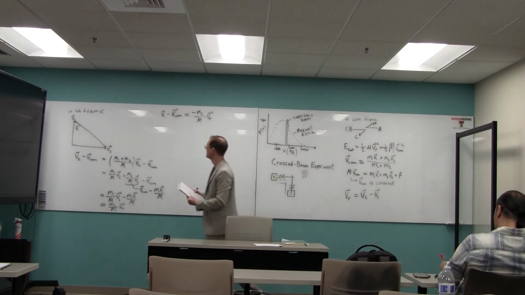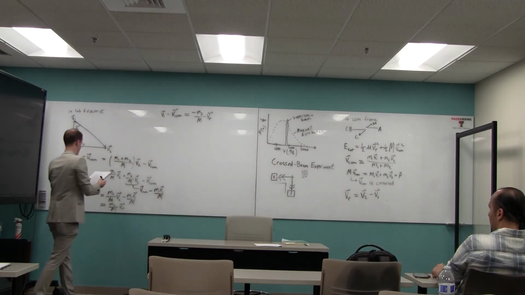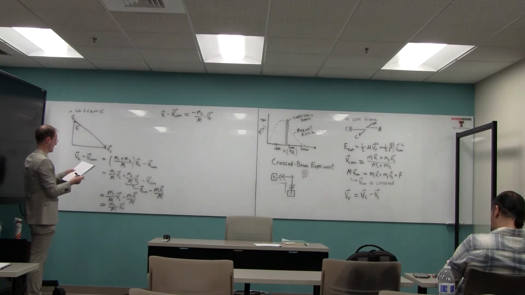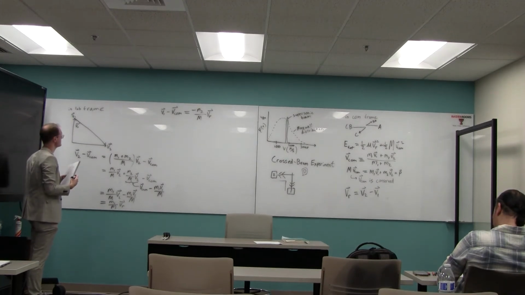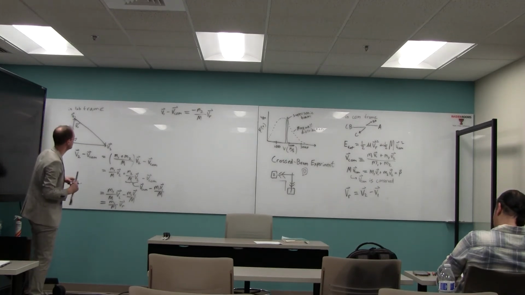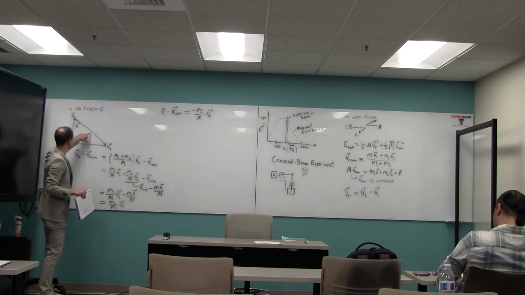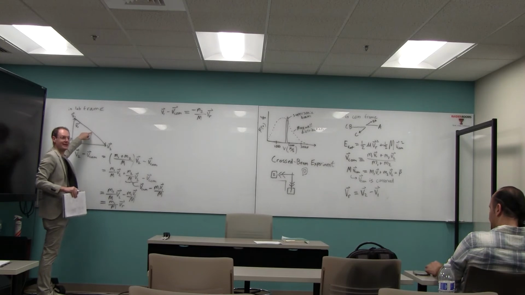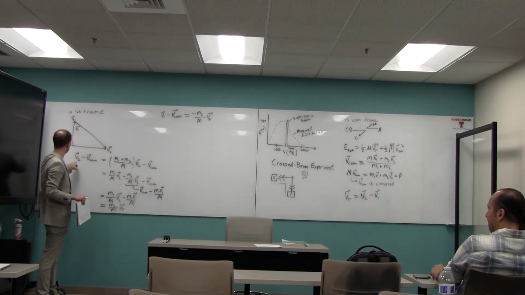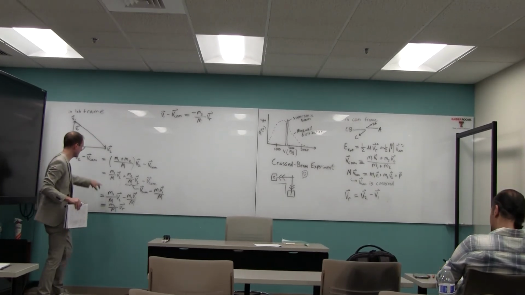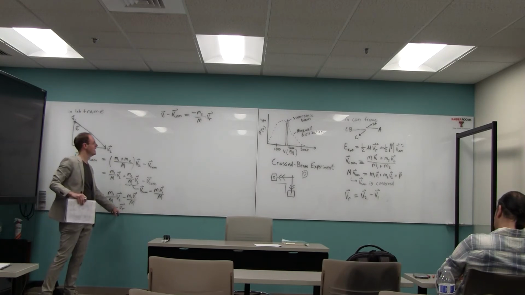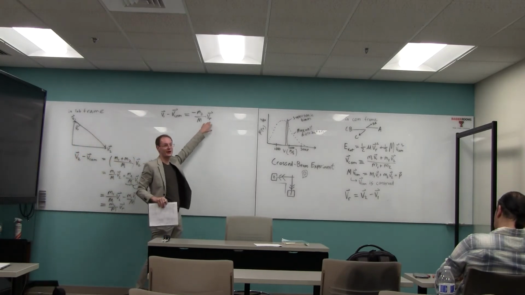Okay, so what does that mean? That means basically that if we draw a center of mass vector, then V2 minus that center of mass vector is proportional to VR, and this other one is also proportional to VR.